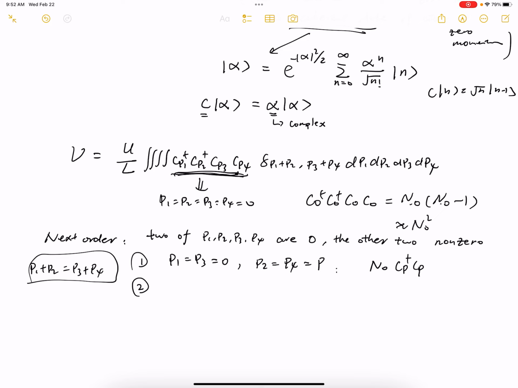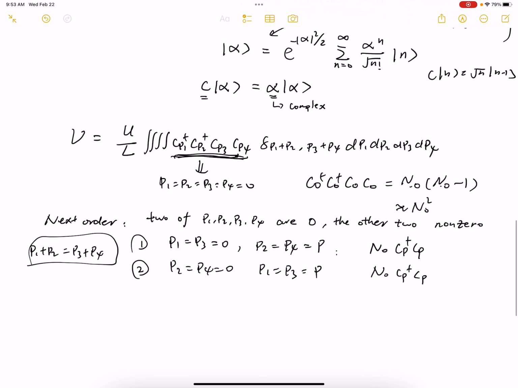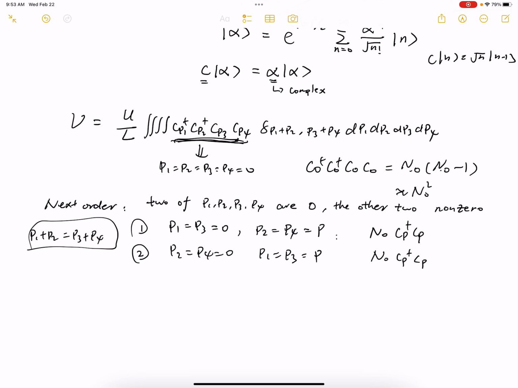Of course, we can just swap the roles of P1 and P3, P2 and P4. That would be the same thing, so it's going to be the same term as before. Okay, there are more interesting things down below here.